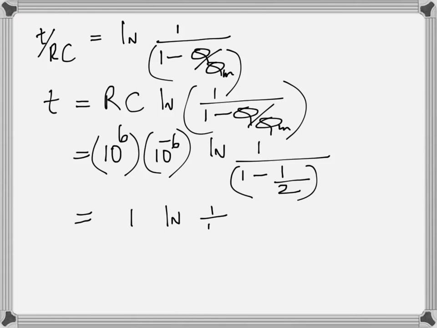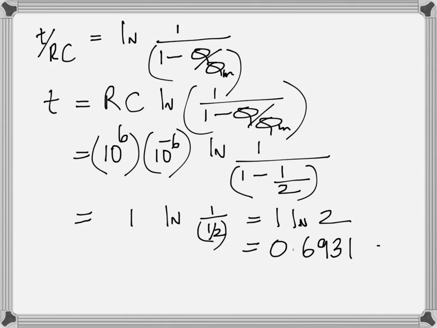So it's 1 by half, which is natural log of 2, because 1 by half is 2. Natural log of 2 is 0.6931 seconds. So in 0.6931 seconds, it'll build up to 1 microcoulomb.